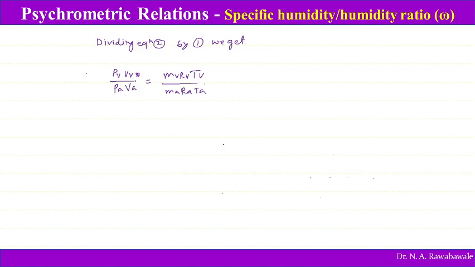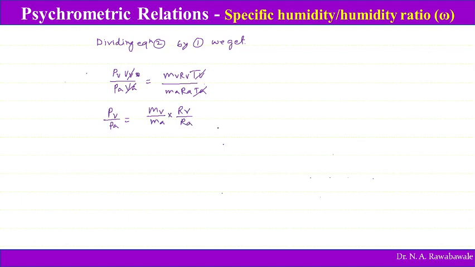Here we assumed VV is equal to VA, so this gets cancelled. Then TV is equal to TA, this gets cancelled. So finally what remains is PV divided by PA is equal to MV divided by MA into RV divided by RA.